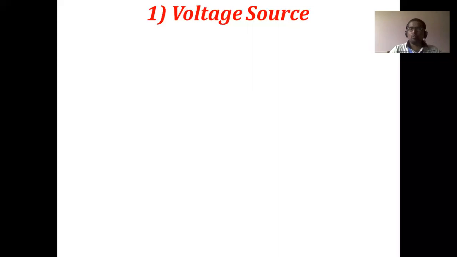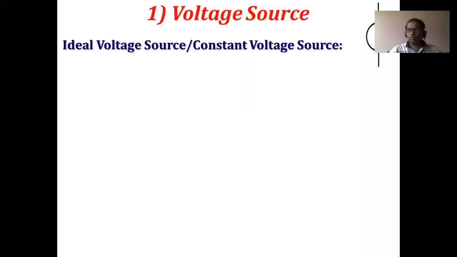First, the voltage source. This is the symbol of a voltage source. The first type is the ideal voltage source, and we will discuss why the ideal voltage source is also known as a constant voltage source.